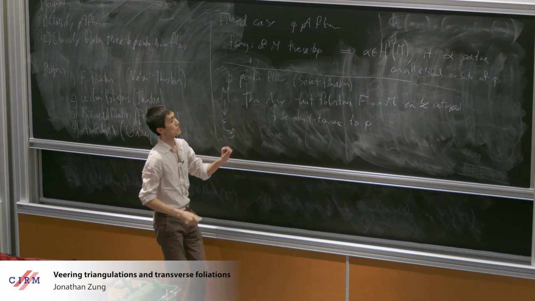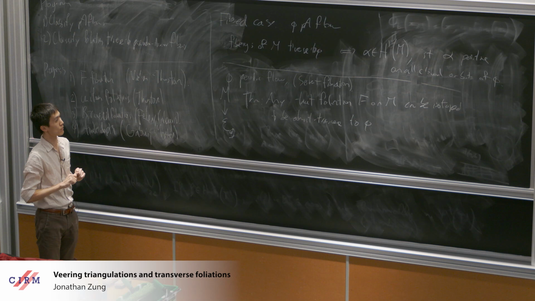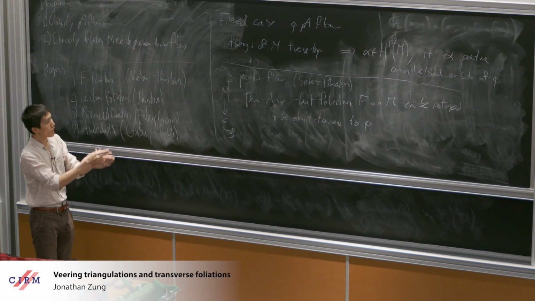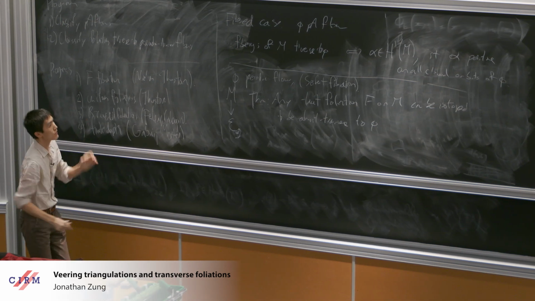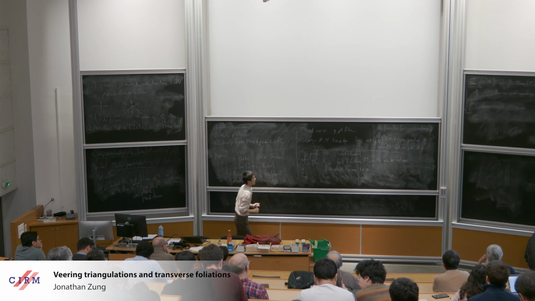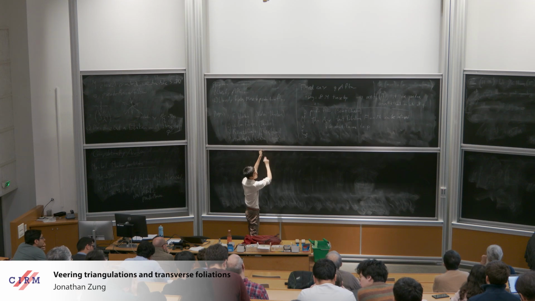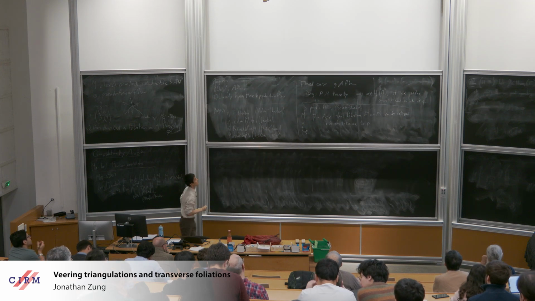Here, almost transverse just means that each of the leaves are either honestly transverse to the flow phi, or they're saturated by Seifert fibers. Okay. So again, you can kind of forget this almost adjective here. So understanding all the foliations on a Seifert fibered space reduces to understanding all the so-called horizontal foliations.